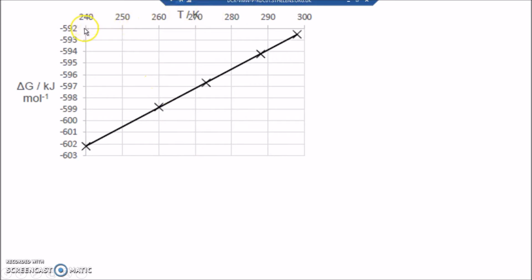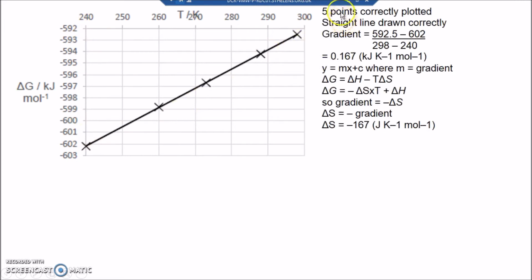So I've plotted with the origin here, and I've started from 240 and minus 592, plotted the points on the graph and drawn a straight line. There's a mark for plotting the five points in the straight line and then working out the gradient.